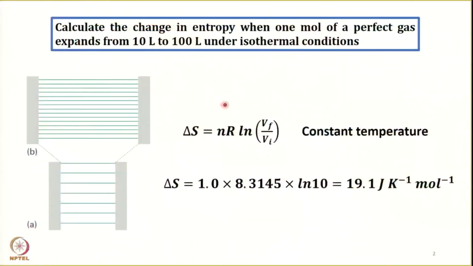If you look into the formula delta S equal to nR log Vf over Vi, whether you derive it by statistical means or by the concepts of classical thermodynamics, you get the same result, and in this result temperature nowhere appears. So it does not matter at what temperature you begin with.